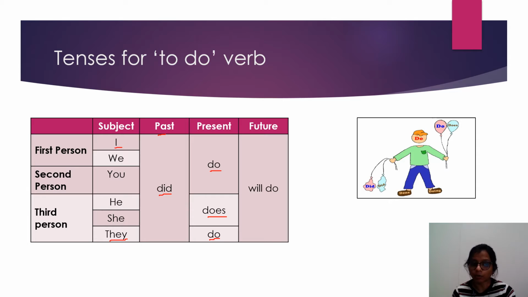When you have a plural noun in the third person, you will use do. Future tense is pretty simple, just like the past tense. We use the same thing across all the subjects. So we use will do. Okay? Example, you will do the homework. He will do the homework. I will do the homework. Okay? So that's how we use the to do verb.